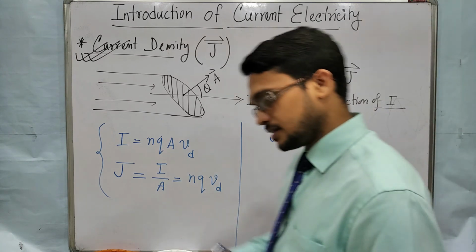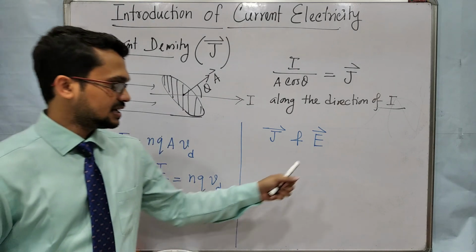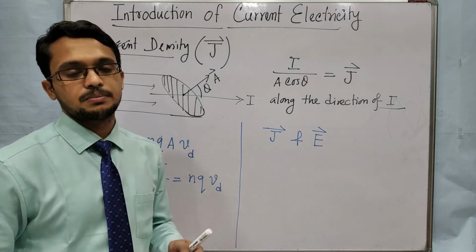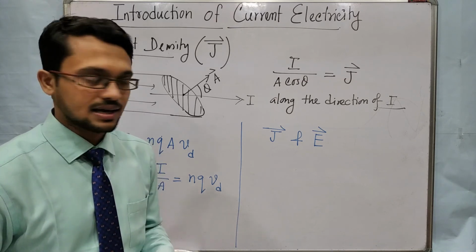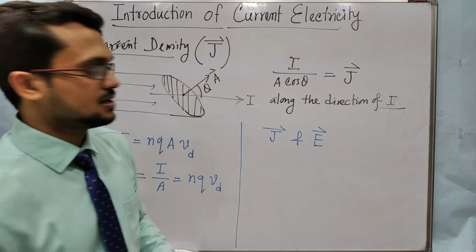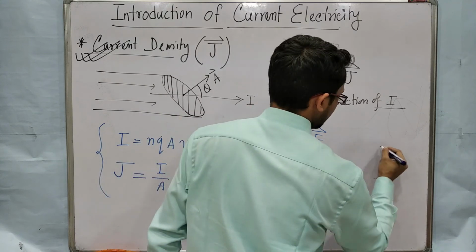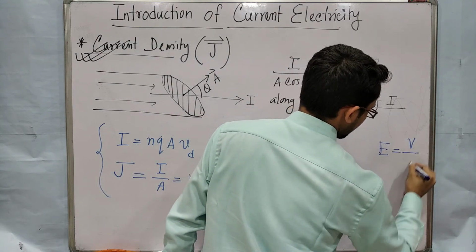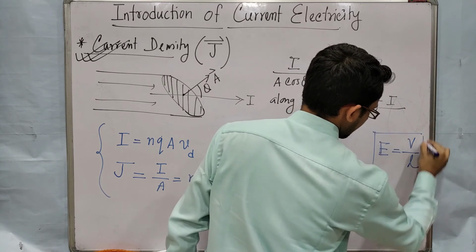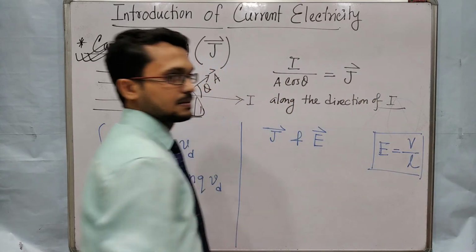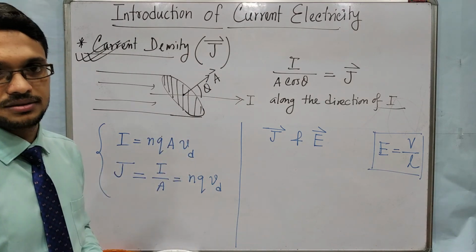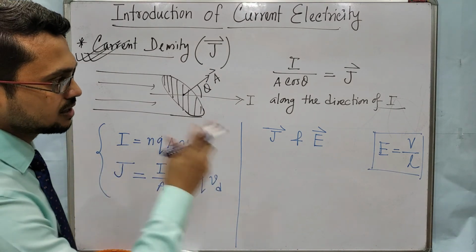In the next lecture we will see the relation between that electric field and the potential difference. That we had already seen, but in the next class I will again tell. That thing is E equal to V by L, electric field equal to potential difference by the separation between 2 points across which we want to find the potential difference.